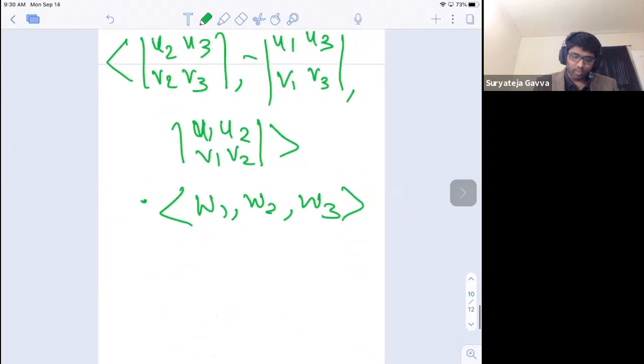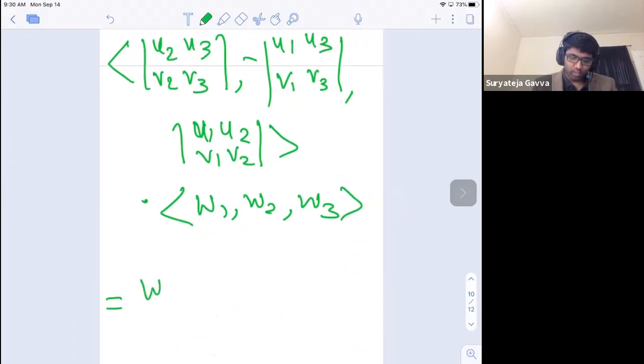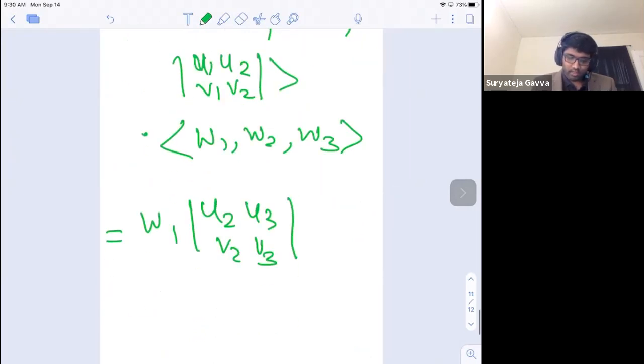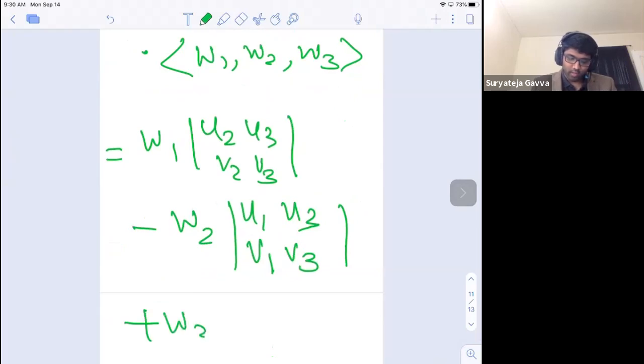If I put them together, this is nothing but w1 times (u2 u3; v2 v3) minus w2 times (u1 u3; v1 v3) plus w3 times (u1 u2; v1 v2).